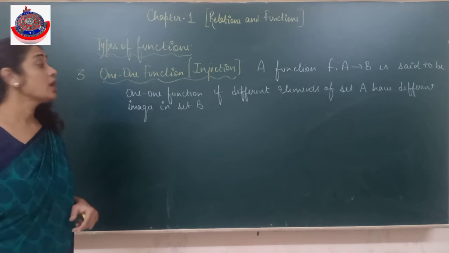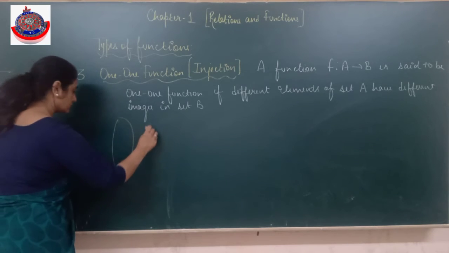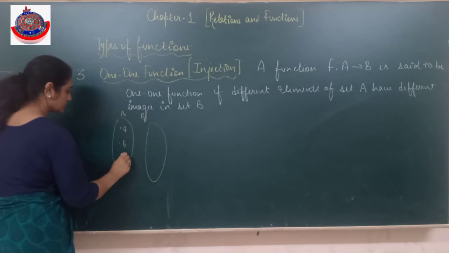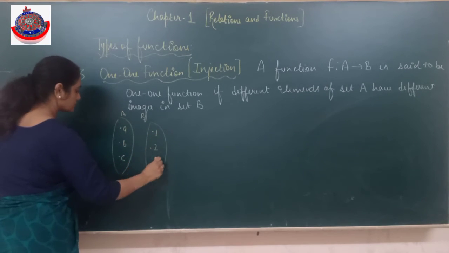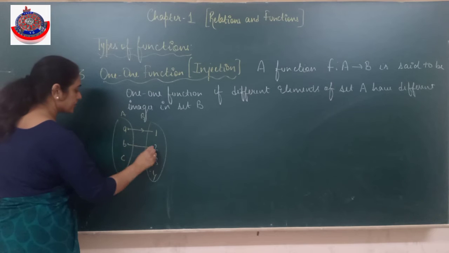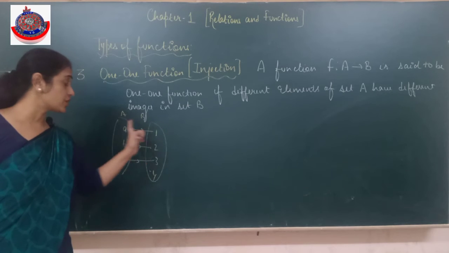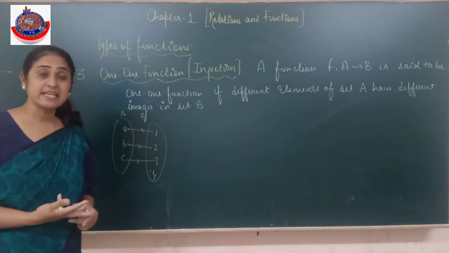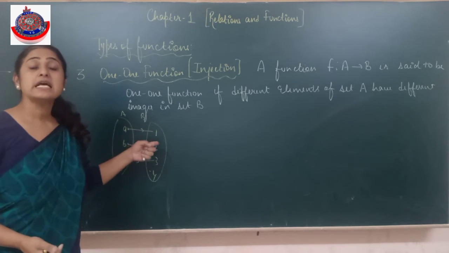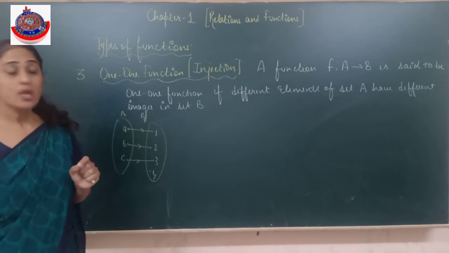It means one element has a different image. The arrow goes from 1 to 1, a 1-1 function. No two elements will share the same image. Is it clear? 1-1, one arrow, one side, one arrow, one side. No two elements can share the same image. Then the function is said to be a 1-1 function.